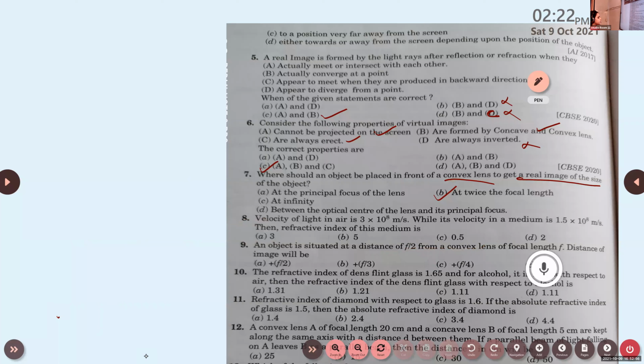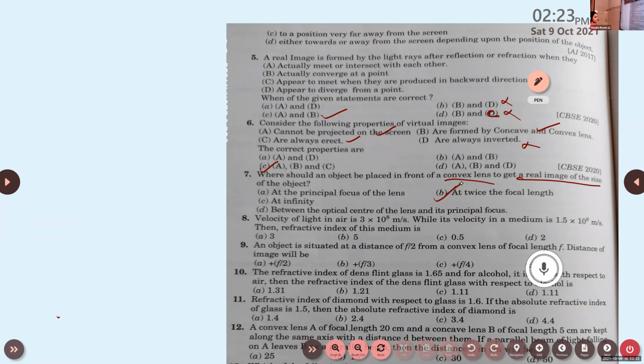Okay, now the next question, question number 8. The velocity of light in air is 3 into 10 raised to 8 meter per second, while its velocity in a medium is 1.5 into 10 raised to 8 meter per second. Then find the refractive index of the medium. What is the equation for calculating the absolute refractive index of a medium? General equation.